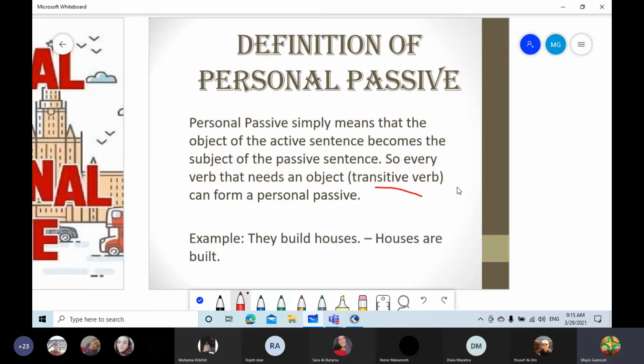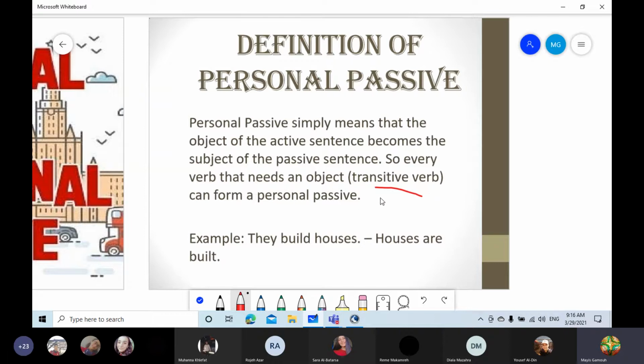The transitive verb, which is الفعل المتعدي. What do I mean by that? I mean the verb that needs an object, بيحتاج لمفعول به. The transitive verb always needs an object.